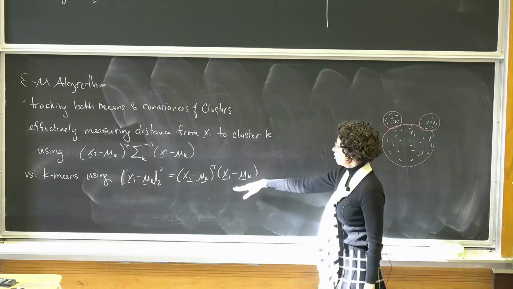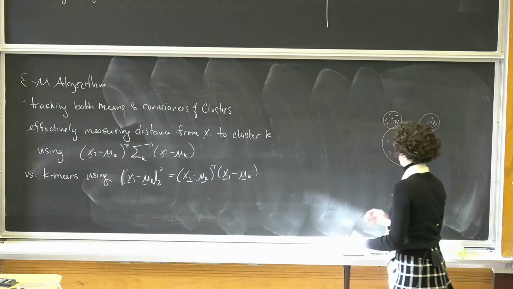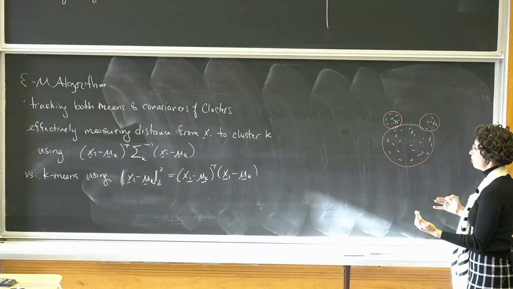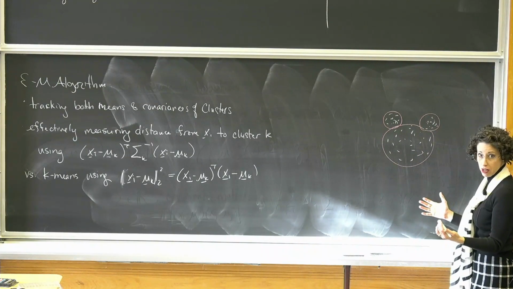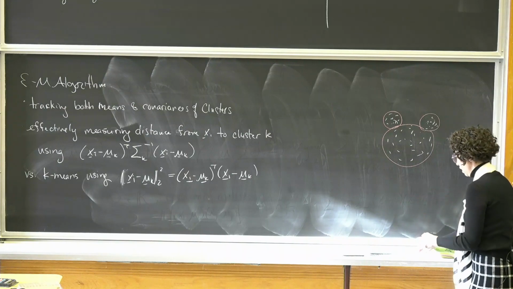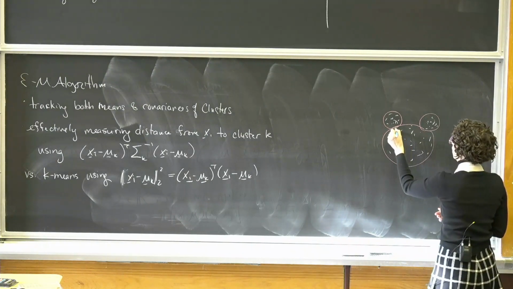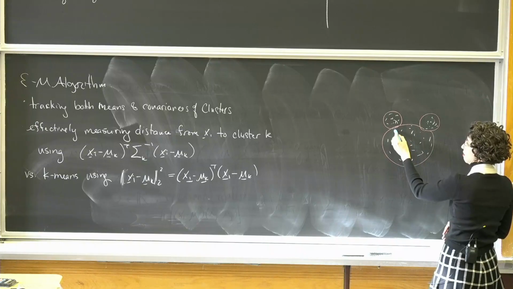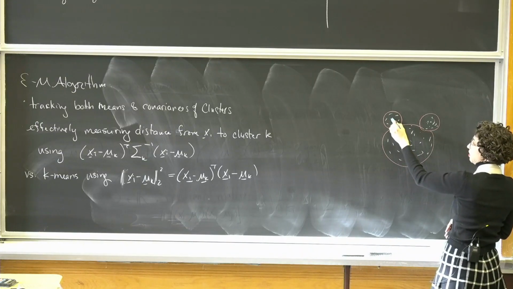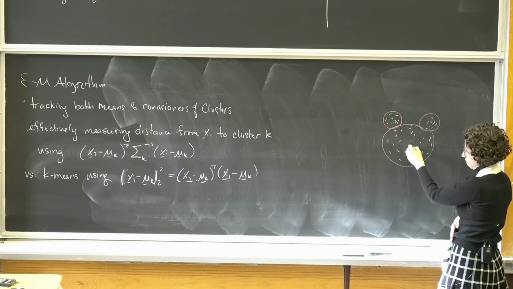So with k-means, we were just looking at raw Euclidean distance between the cluster mean and each point. And that's why I was claiming that you would have points like this one here, for instance, that with k-means would be associated with this cluster instead of the big cluster.